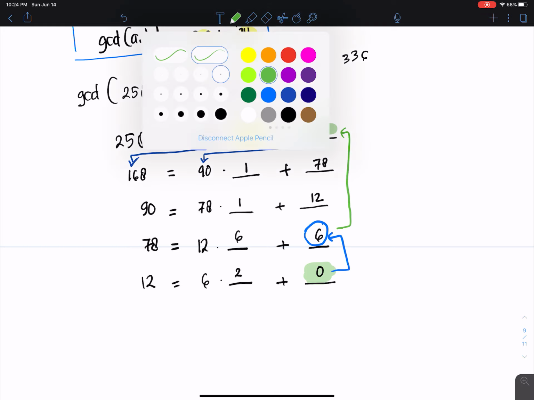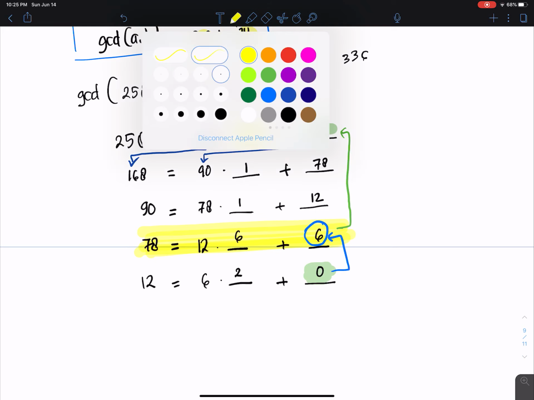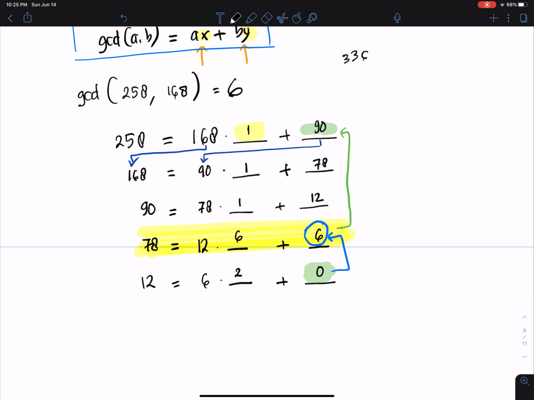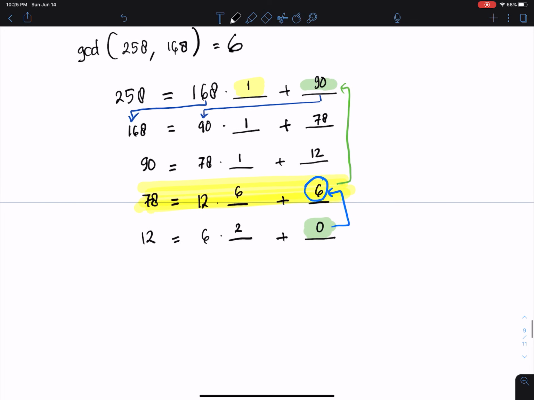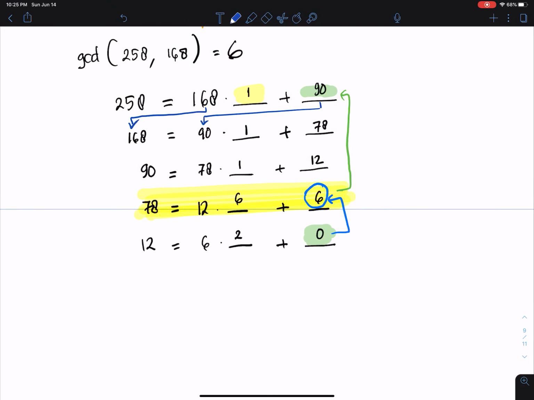So we will start in this row, because here we found the GCD 6. So we will start from here and move forward to the top. Okay, so I will do it slowly here, and please pay attention.